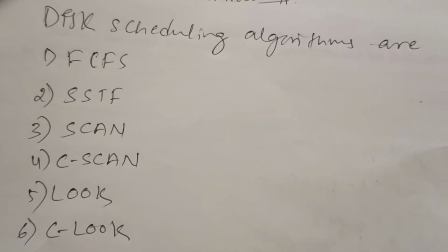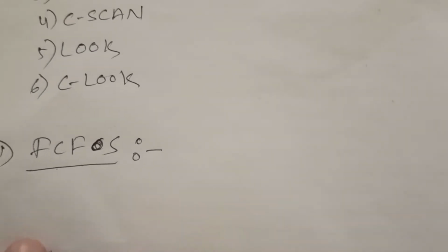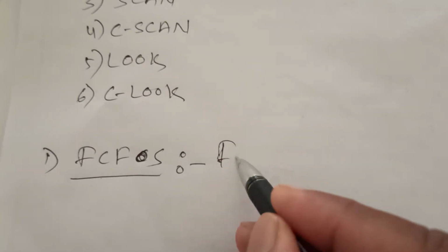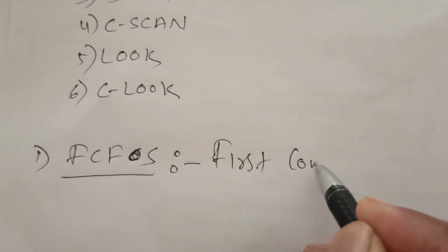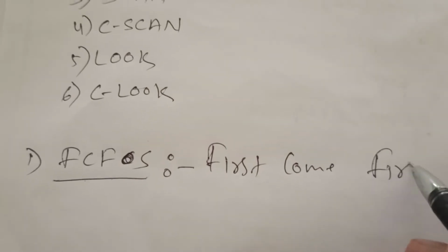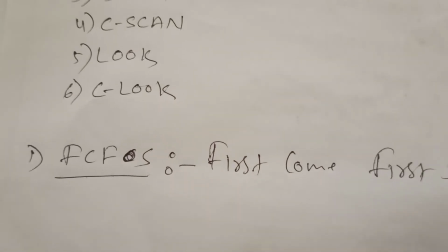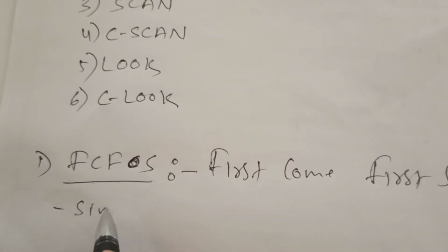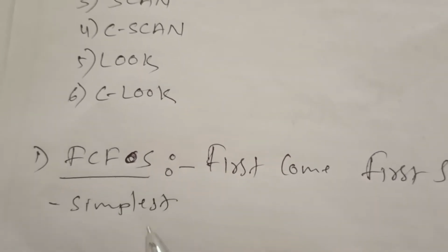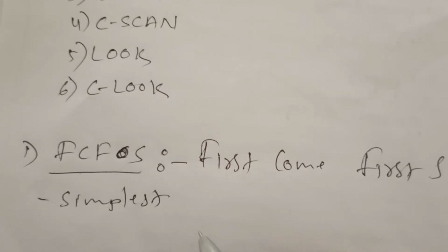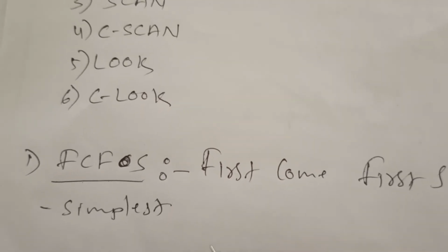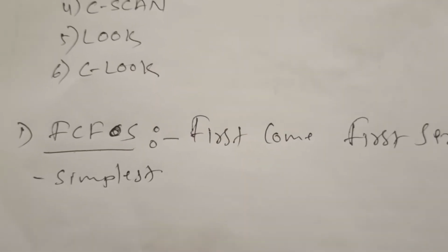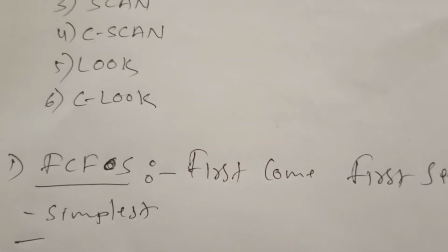So first we will see FCFS, first come first serve. This is the simplest disk scheduling algorithm. But there is a problem with it.